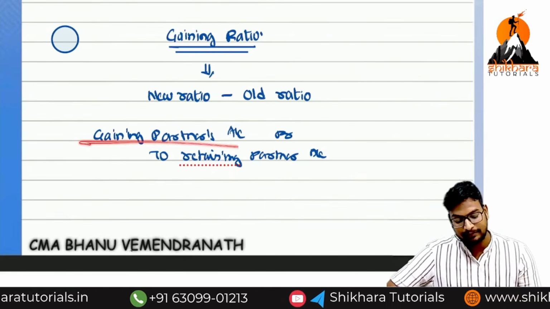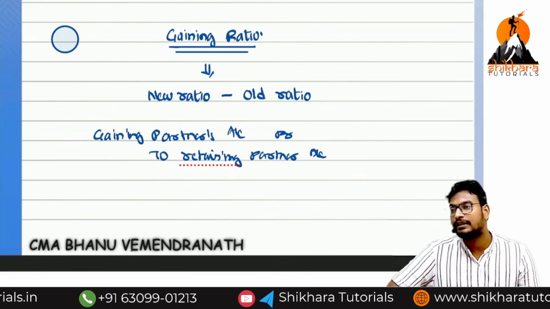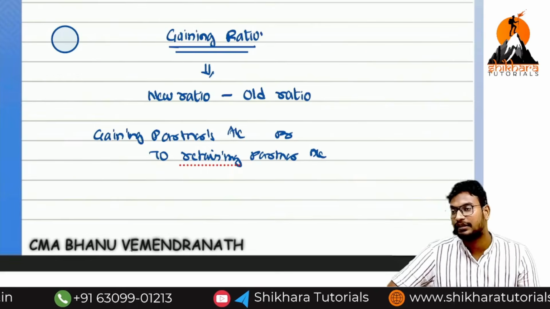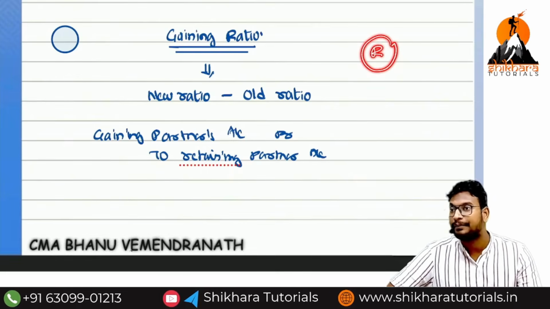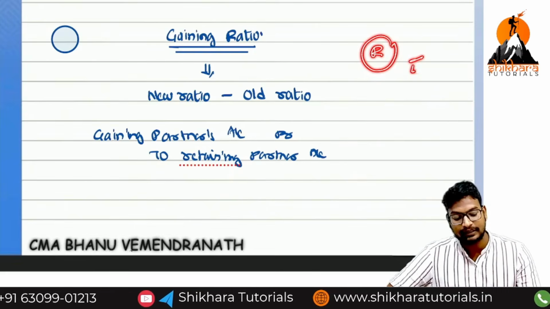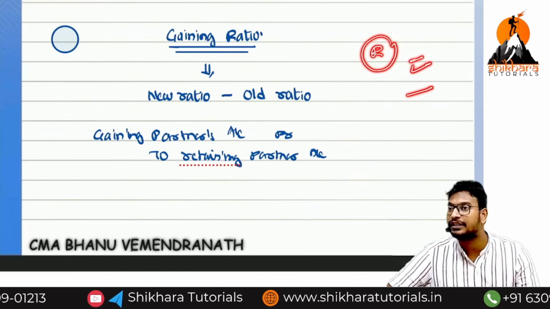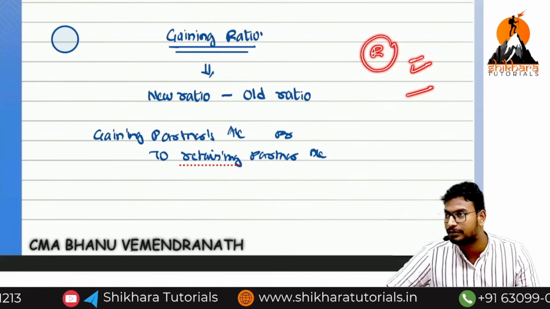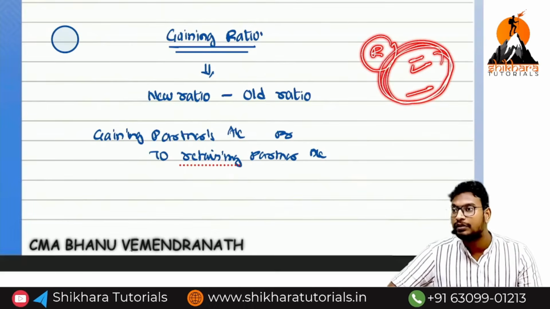the gaining partners need to give to the retiring partners. Okay now, what are the things that will be received by the retiring partner, Amma? Retiring partner will get the capital share, and the retiring partner will get the profits. Undistributed profits also we need to give to the retiring partner. After adding all the amounts, who need to give this amount?